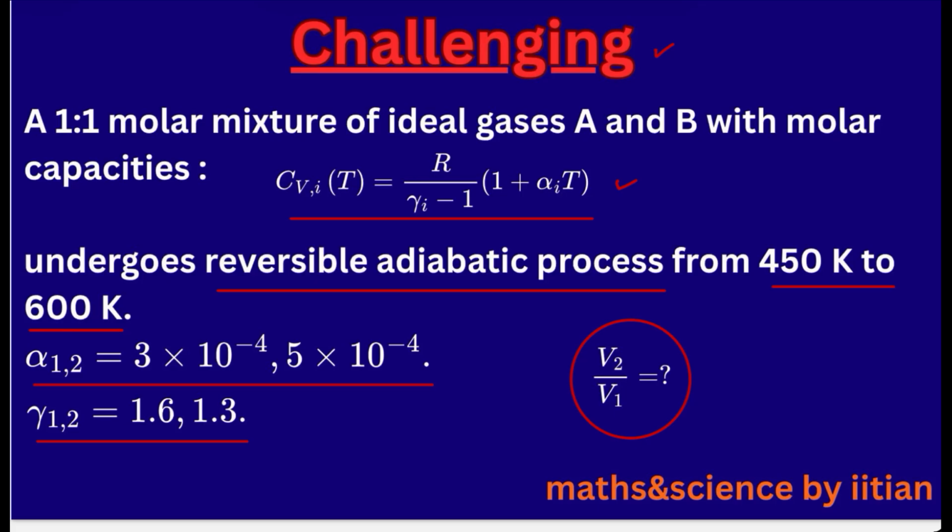Then we have to find out the V2 by V1 value. It's a 3-4 concepts based question, a very good, challenging question. Please see from starting till the end so that you will grasp as many concepts as possible. If this type of question is asked in JEE Advanced or JEE Mains, you will be able to answer it. Let's move further and try to understand what concepts are hidden in this particular question.